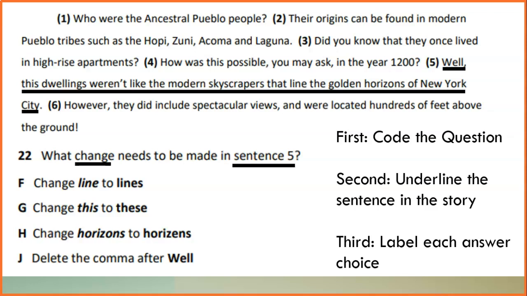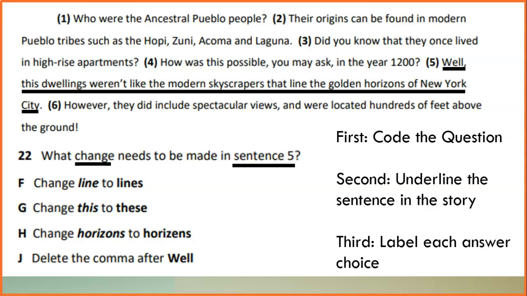So line in this case is a verb. It's saying that they line the horizon, so they stretch across in a line. And it's saying to change line to lines. If I add an S to the end of the verb, that means one person or thing is doing it. So that is a subject-verb agreement question. This to these is a singular versus plural question because this is 1, these is 2 or more.